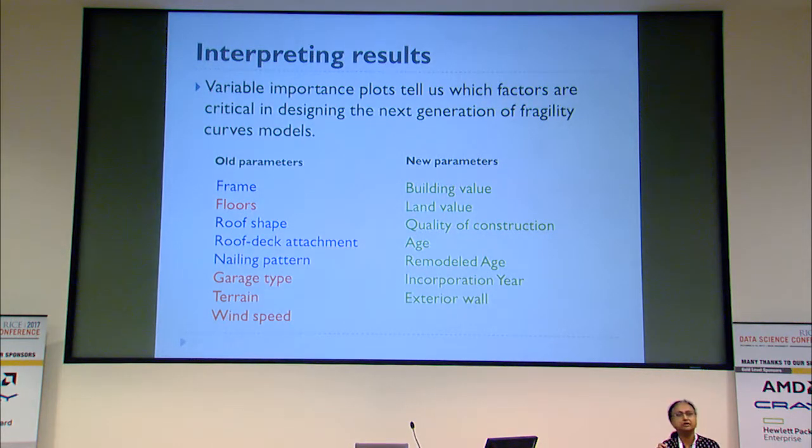The engineering model predicts a probability that a home will be damaged on the basis of these parameters: the frame, the floors, the roof shape, roof deck attachment, nailing pattern, garage type, terrain, and wind speed. We found that only these 4 were relevant. What this analysis revealed is there are a whole bunch of other parameters that were not taken into account and that are critically important for determining whether a home will be damaged or not.